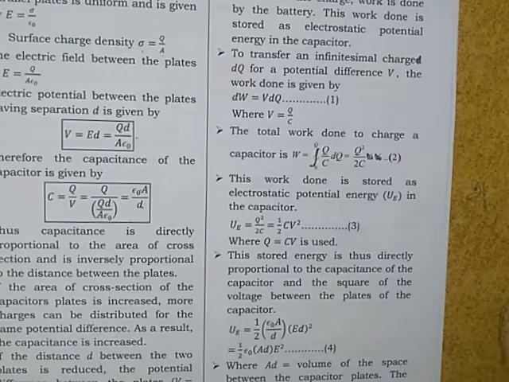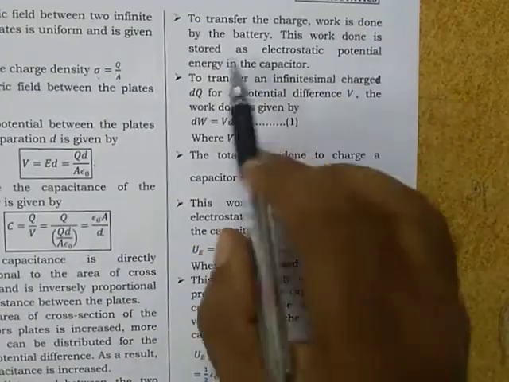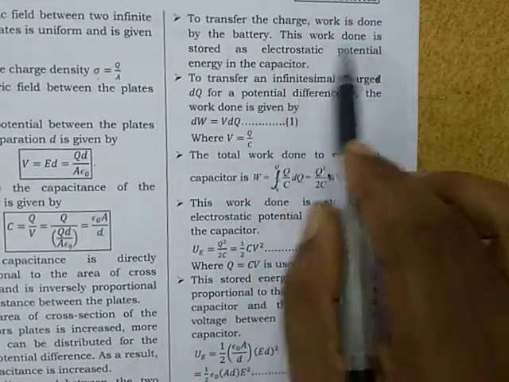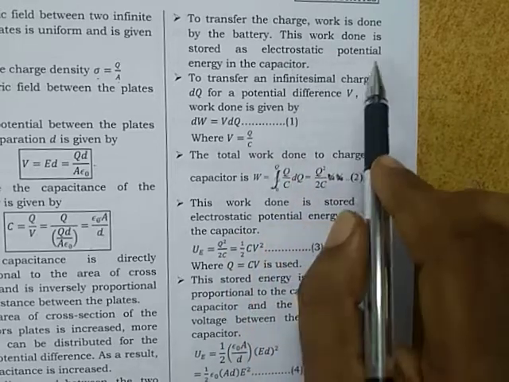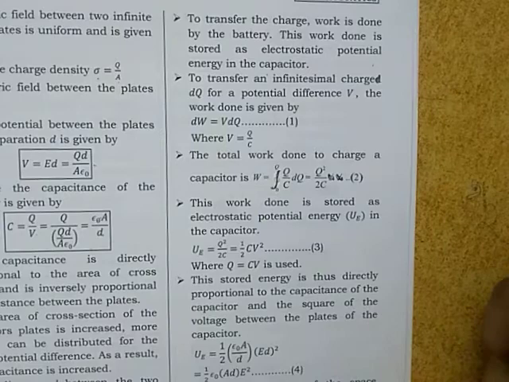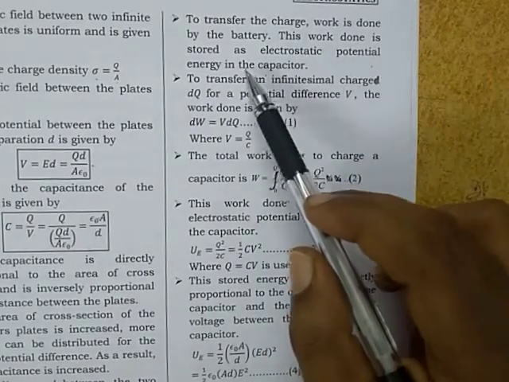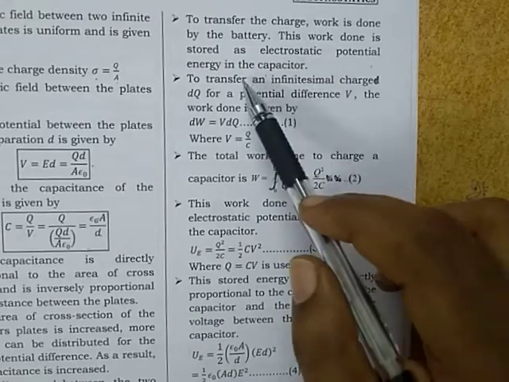So the battery provides some energy, that is, it does some work. To transfer the charge, work is done by the battery. This work done is stored as electrostatic potential energy. That work done is converted into electrostatic potential energy.